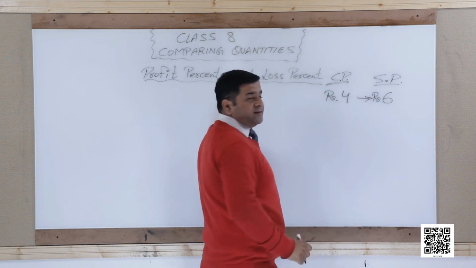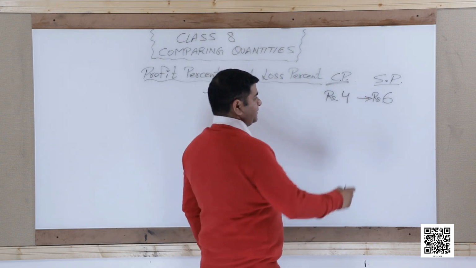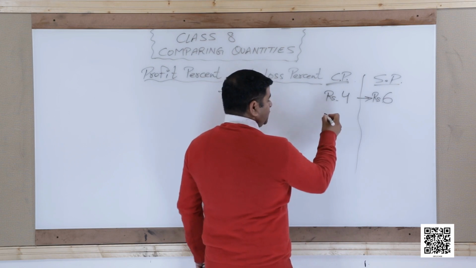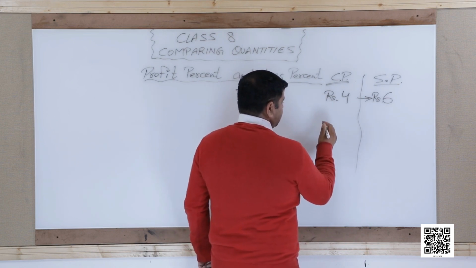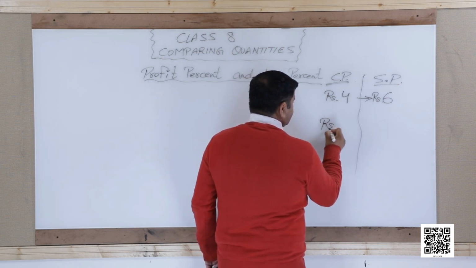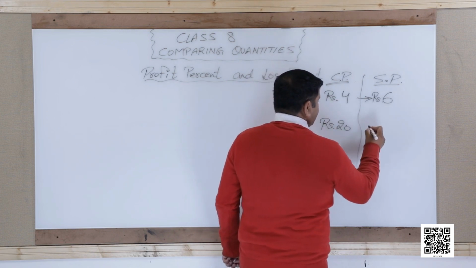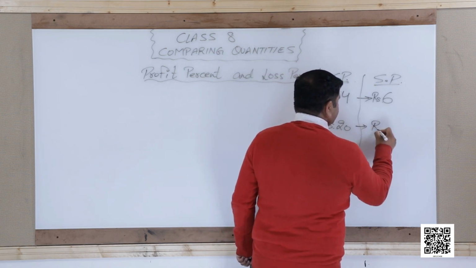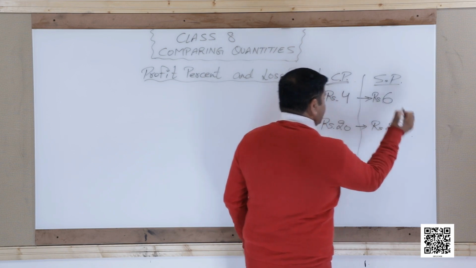CP means cost price and SP means selling price. And suppose there is another item that I purchase for rupees 20 and sell it for rupees 28.